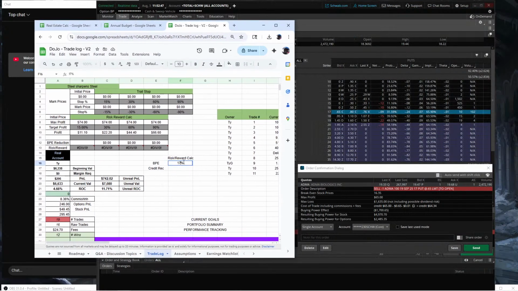Buying power effect, 1700.65. Credit received is going to be 65. Make those dollar amounts.